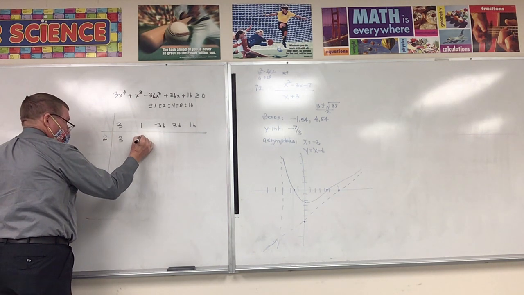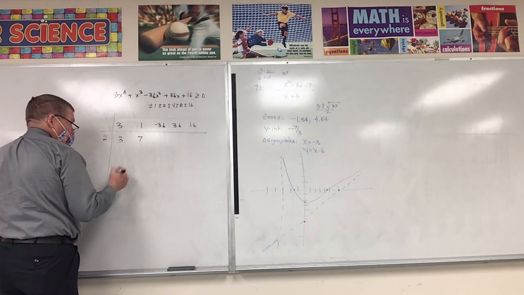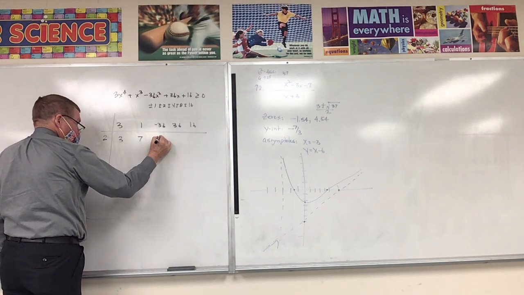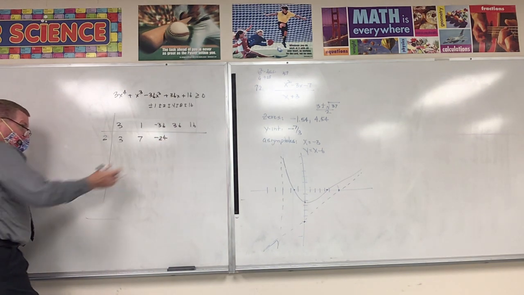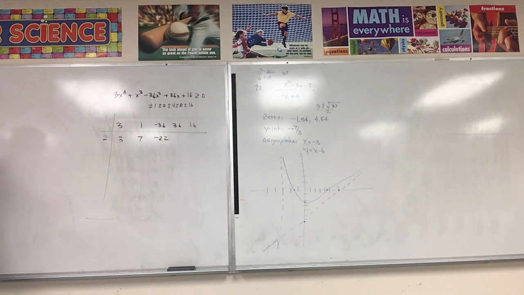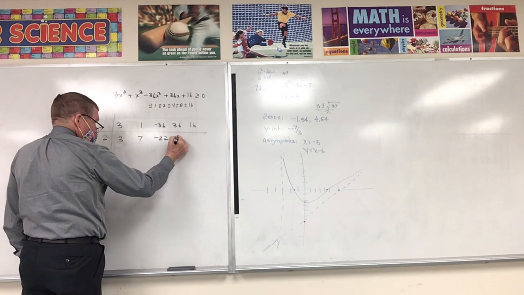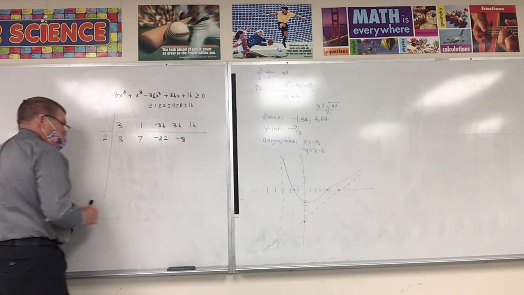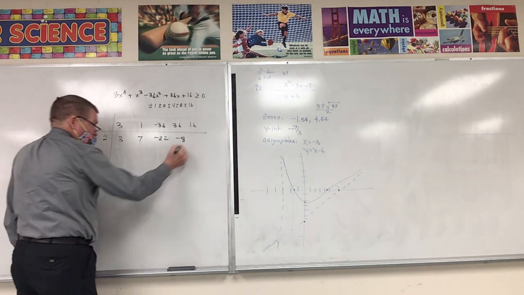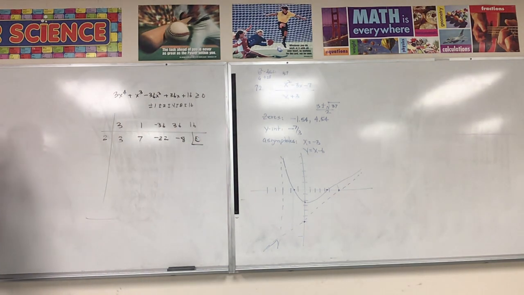Plus 1, 2 times 7, 14. 14, plus negative 36, negative 22. 2 times negative 22, negative 44 plus 36, negative 8, 2 times negative 8, 0.